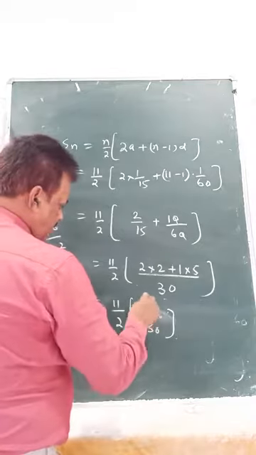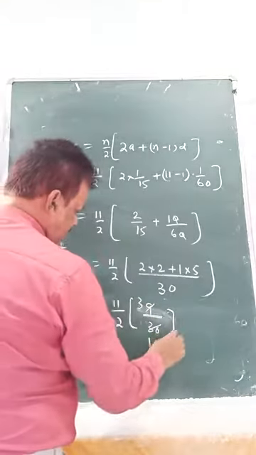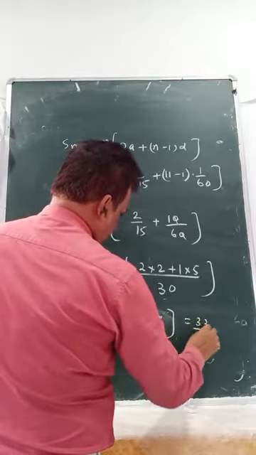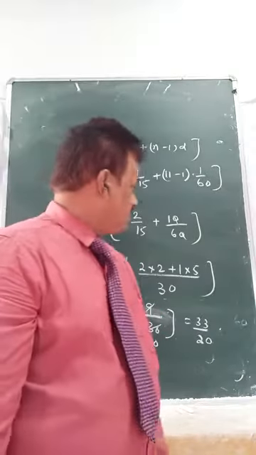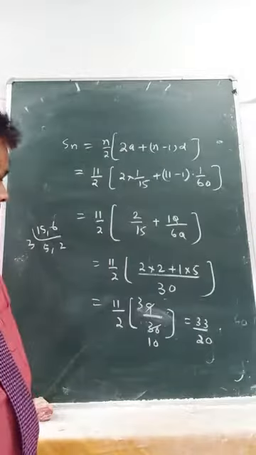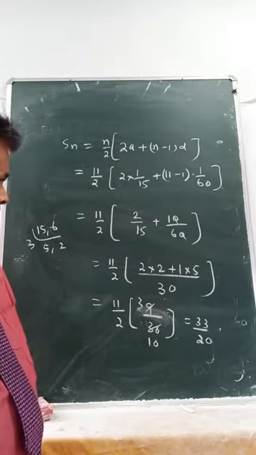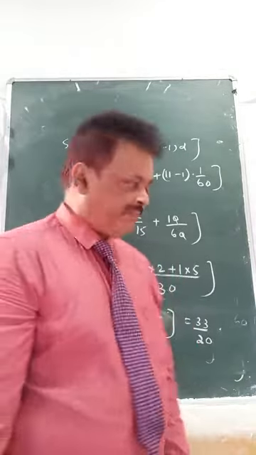Okay, 3 threes are 9, 3 tens are 30, so 33 by 20. This is one pattern.